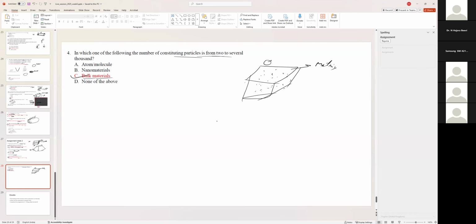Bulk material constitutes particles, up to several thousands of particles. They can also be not necessarily nanomaterials, even just a bulk with large grains, again thousands of grains forming a bulk metal piece. Okay.